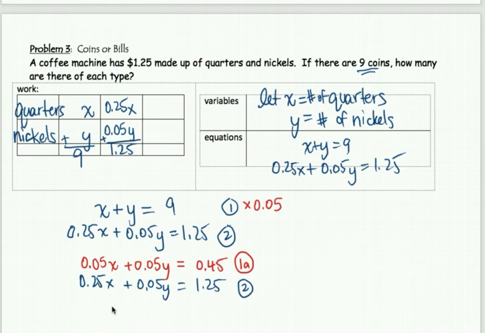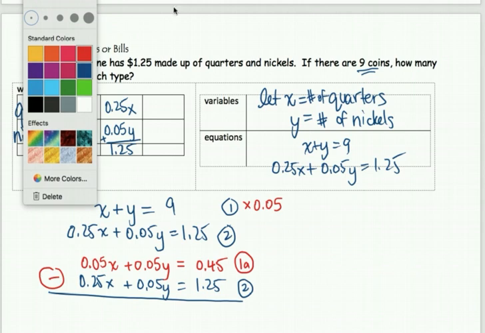All right, now the y's look the same, so we can use the elimination method. You have to decide, do I add or do I subtract? If you're taking a look here, they're both positives, so you're going to subtract to get rid of that variable y. I'm going to put it in a circle like that. Then you subtract everybody.